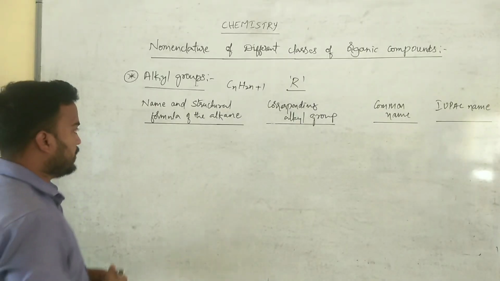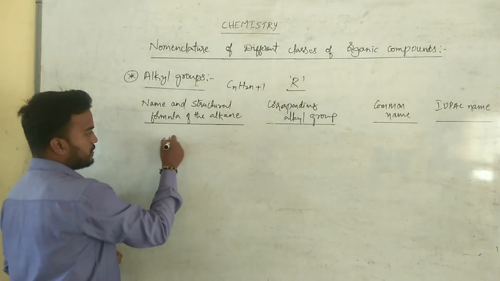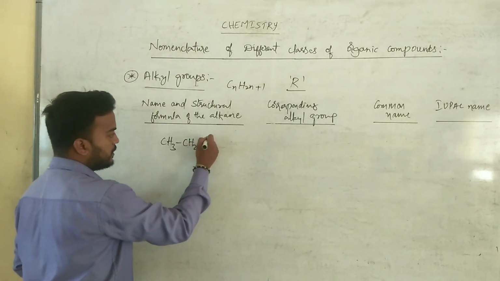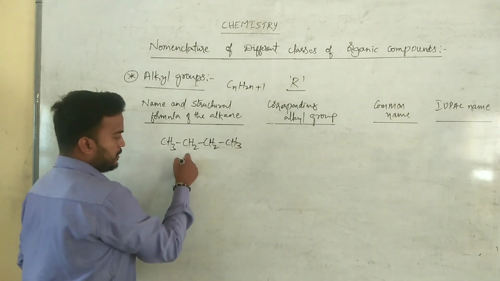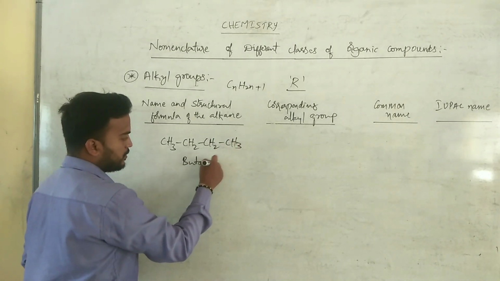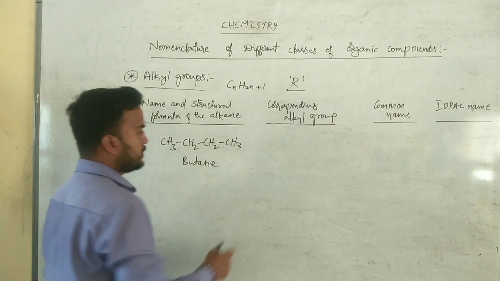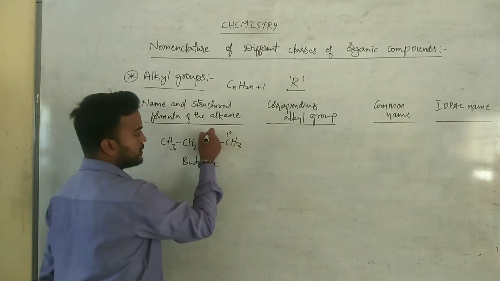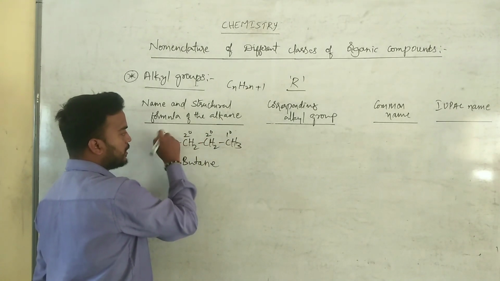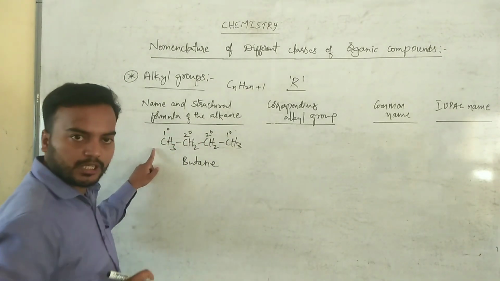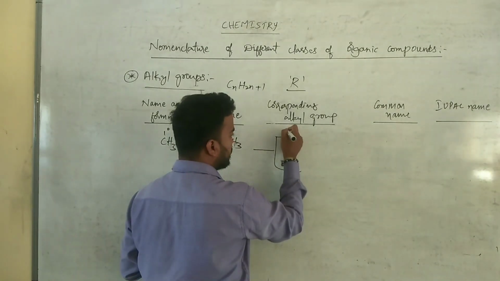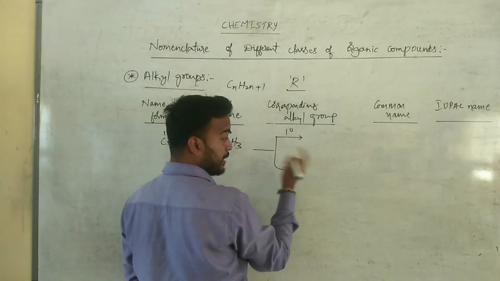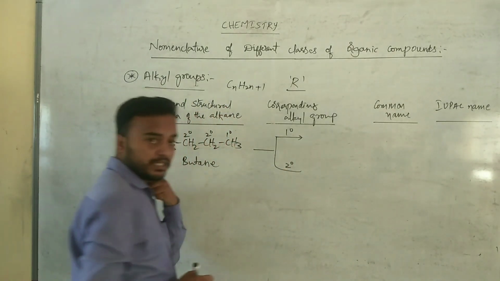Let's see another example. I will take CH3, CH2, CH2, CH3. What is the name of this alkane? Butane. In this case, this is a primary carbon atom, this is a secondary carbon atom, this is also a secondary carbon atom, and this is a primary carbon atom. In the first case I will remove a primary hydrogen, in the second case I will remove a secondary hydrogen.